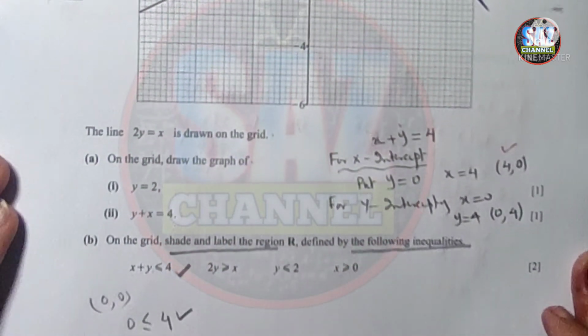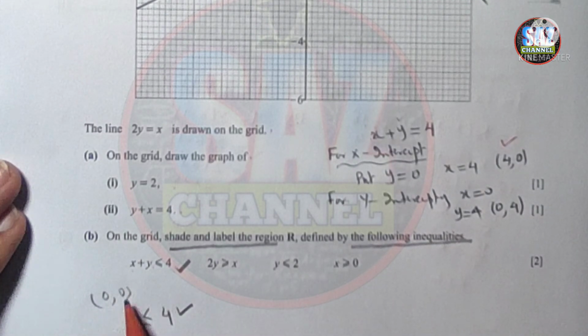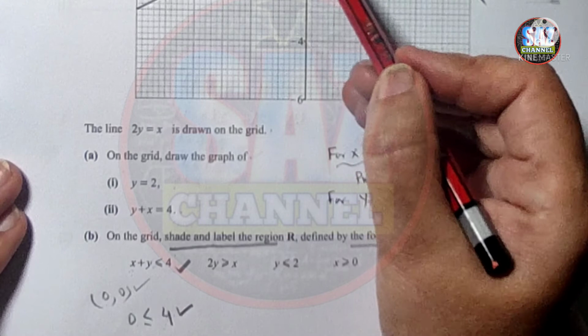Okay, let me bring the page here. For the test point, I'm keeping the point 0, 0, and when I put x and y as 0 in the given inequality, 0 is less than 4, which means my test point is satisfied. And when the test point is satisfied, it means that the shading is towards the origin, and the origin is over here.